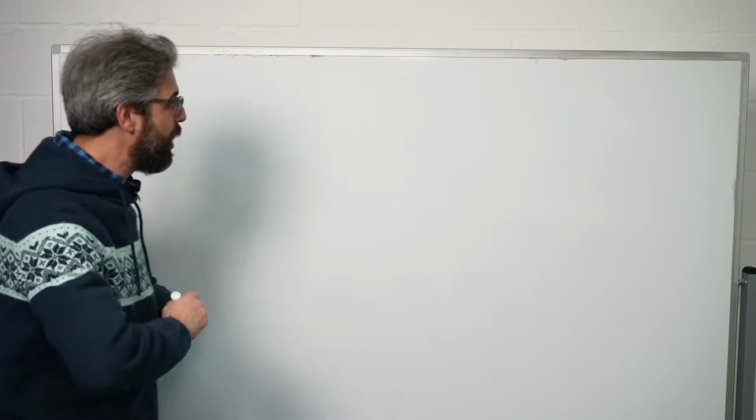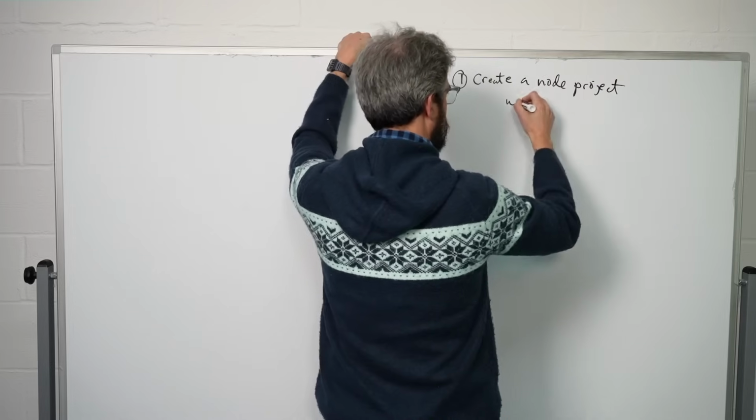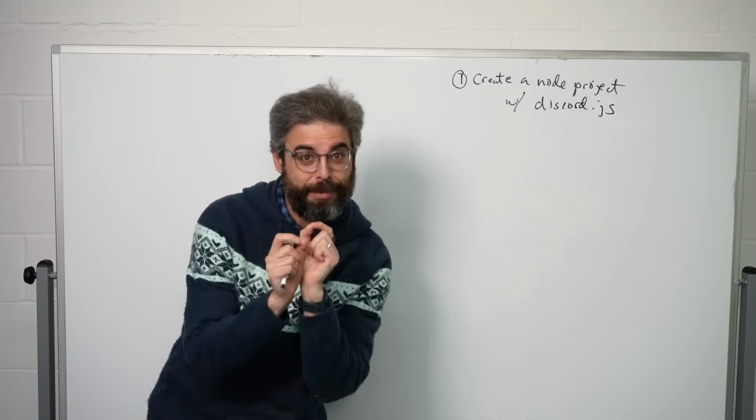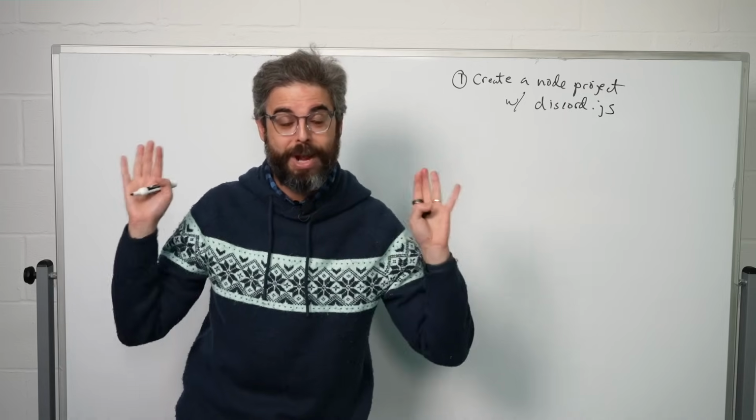I'm gonna make a list here of what I want to accomplish in this video. The first thing I want to do is create a Node project with the Discord.js dependency. That is the package that I'm going to use to work with the Discord API.